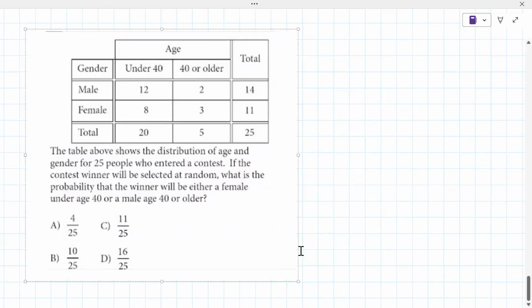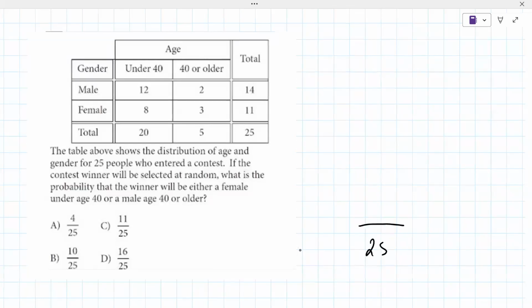All right, take a look at this one. So it's asking me for probability. Right.